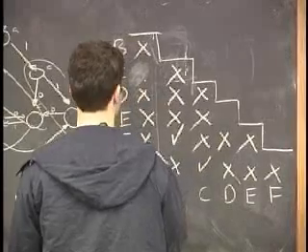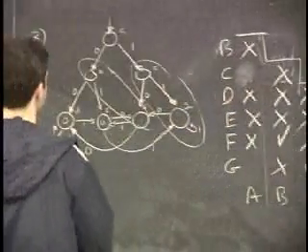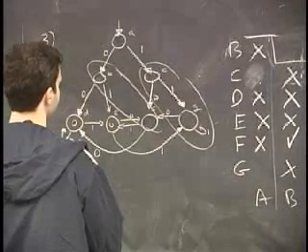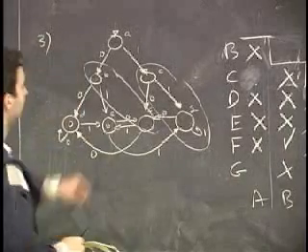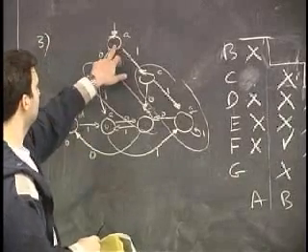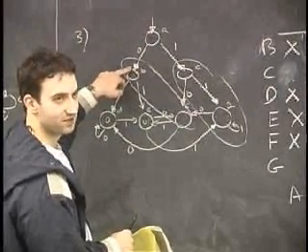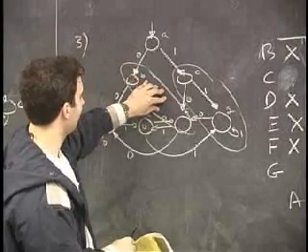And what about what's left? A and G, and A and C. So now, where does A go on a 0? It goes to the BF blob.